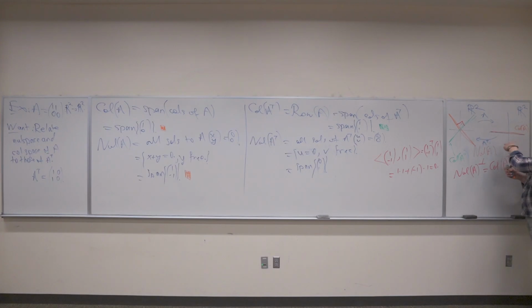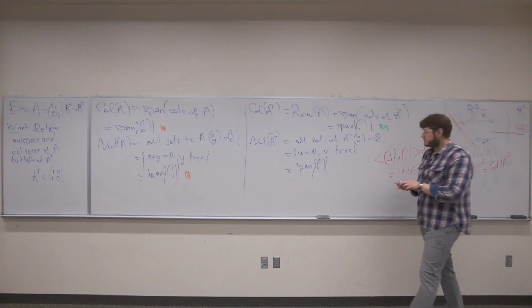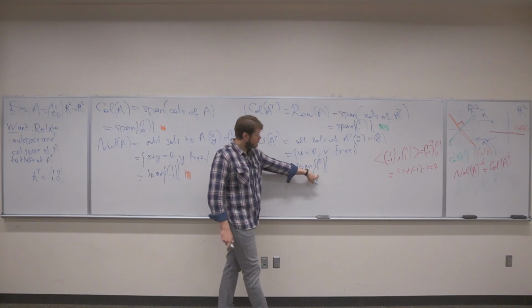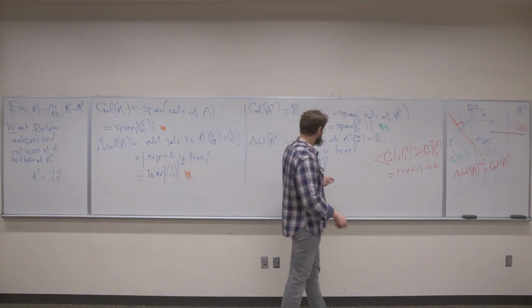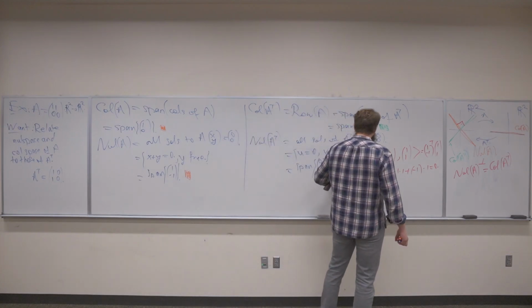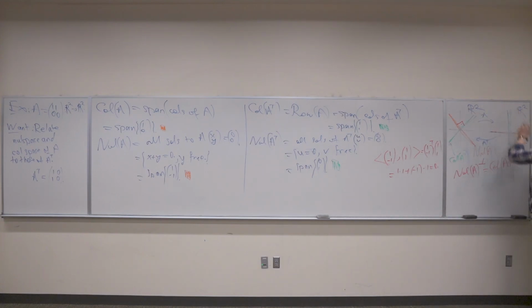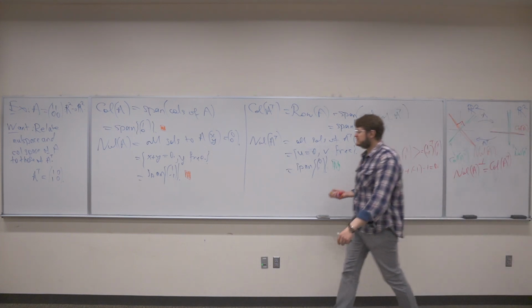Let's do it here too. I forgot to draw this. Null space of A transpose is the vertical axis. So that's the null space of A transpose. And again, by the same reasoning, we had done this before, but let's do it again.